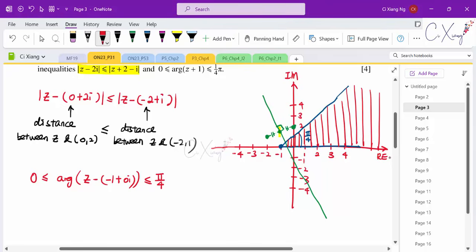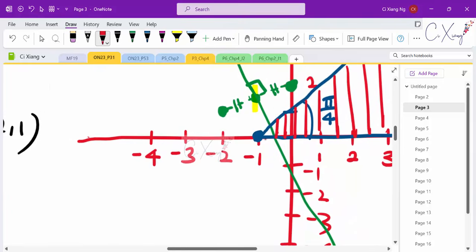Please take note that if your scale is bigger, there's a small area here that is not shaded. Can you see that? This one, the small area here is not shaded. All right.